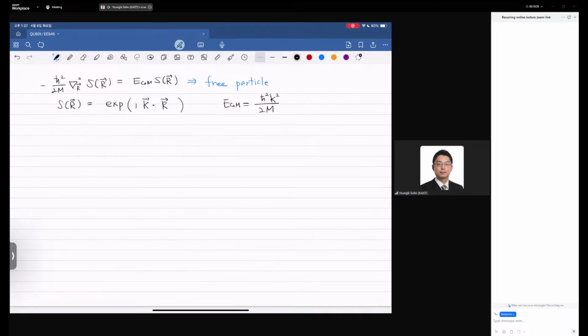So for the overall system, the electron and proton together, their center of mass part is like a free particle. You get the free particle solution. So it's really a nice, simple result.